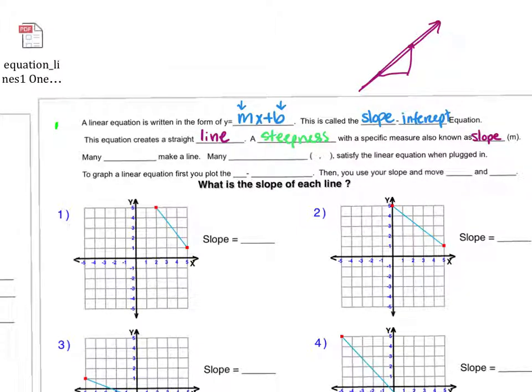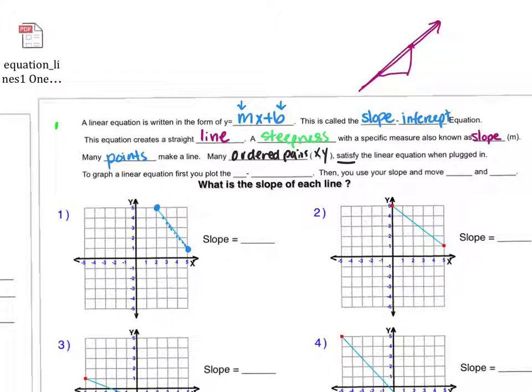Many points make a line, and many ordered pairs satisfy the linear equation when plugged in. So what makes a line? Points. A ton of points, right? But we only want the ones that are in the perfect corners for now.